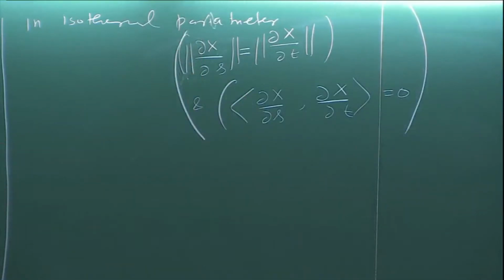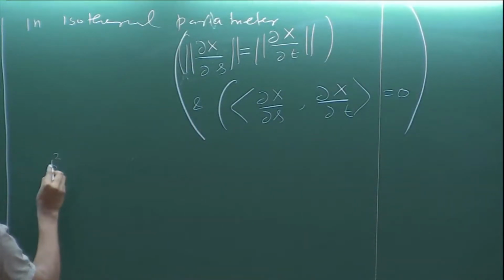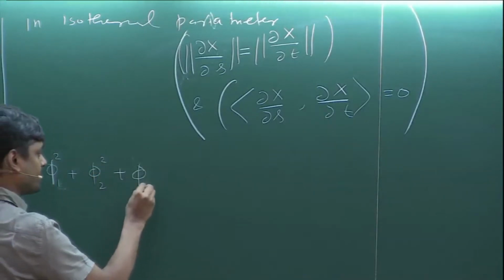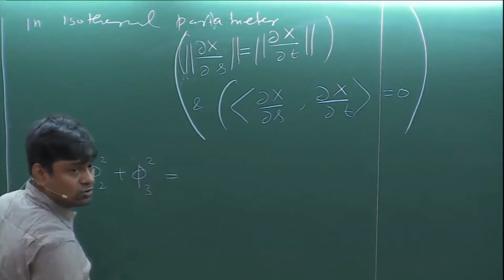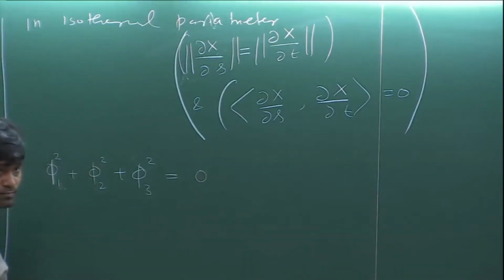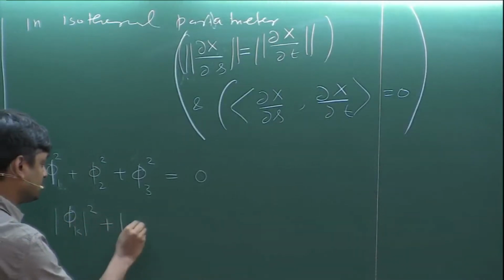So in isothermal parameter, if you calculate phi k square, it turns out to be 0. This we have seen in the last class.